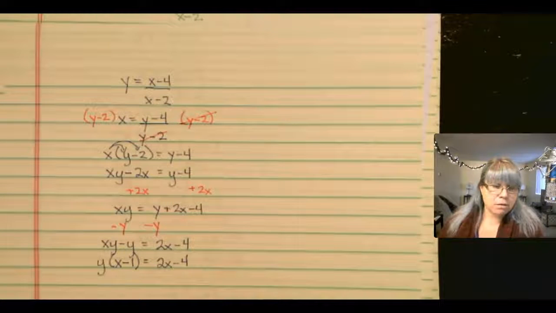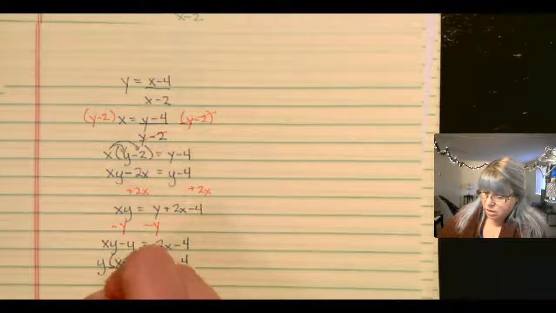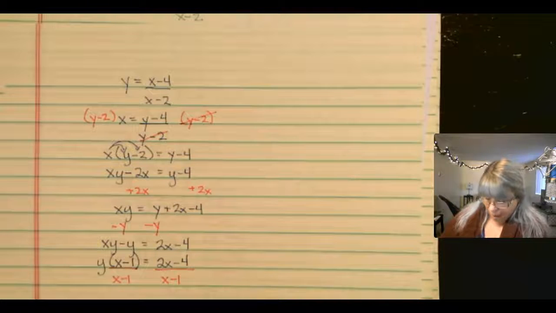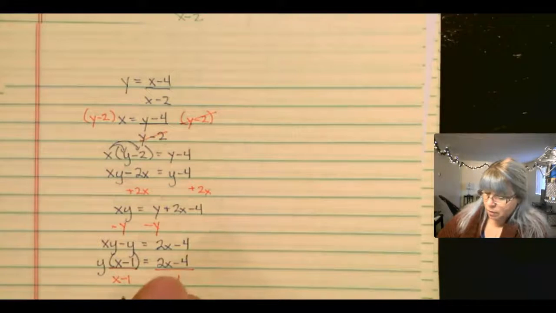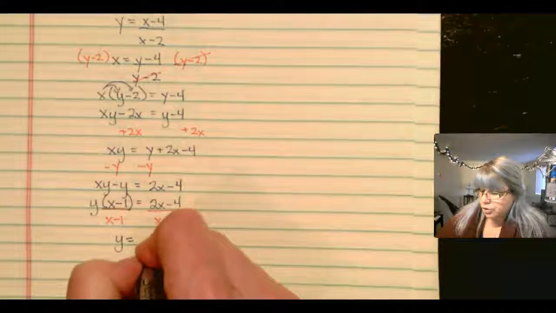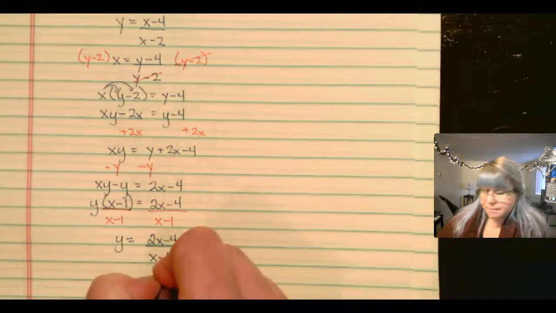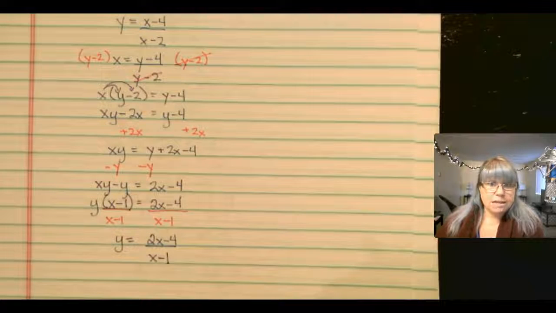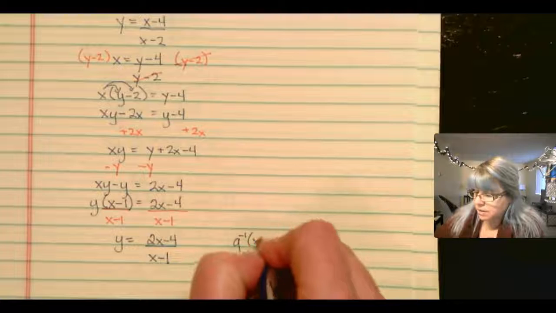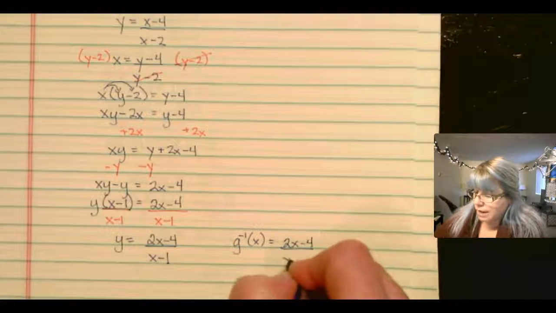Now, if I divide the left-hand side by x minus 1 and do the same thing on the right, I get a function that says y equals (2x minus 4) over (x minus 1). Only y is on the left, so therefore the inverse function is (2x minus 4) over (x minus 1).